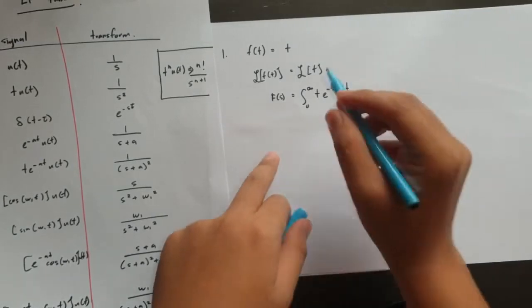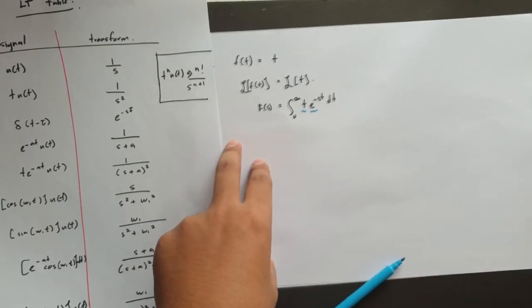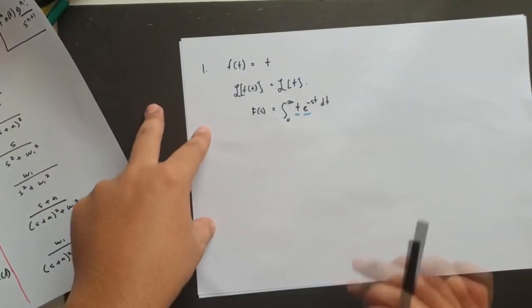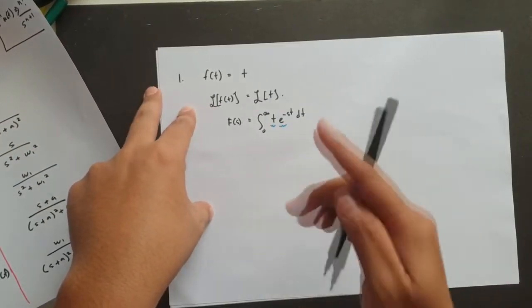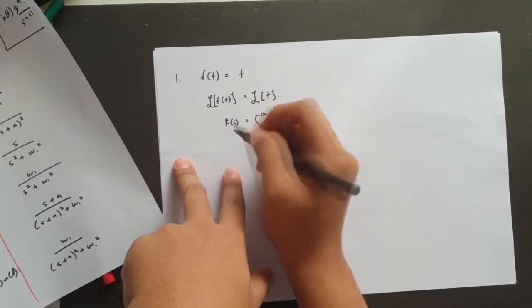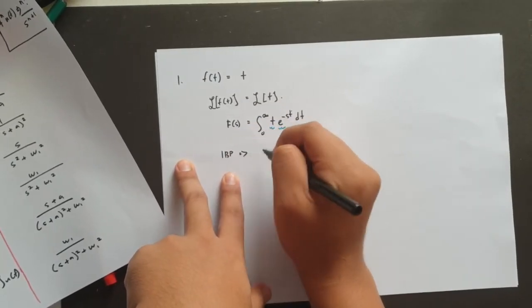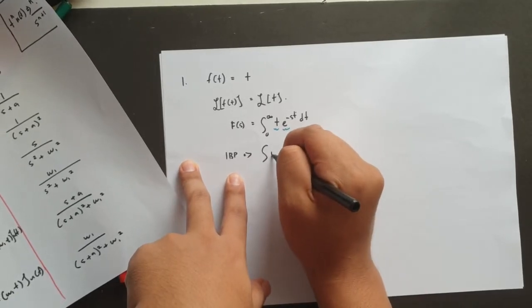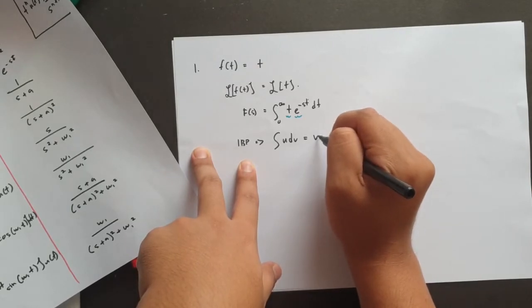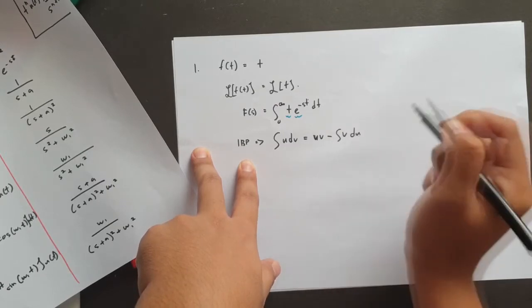Do you still remember integration by parts? Here is the integration by parts formula: the integral of u dv equals uv minus the integral of v du.